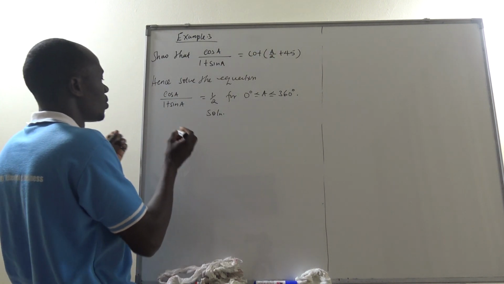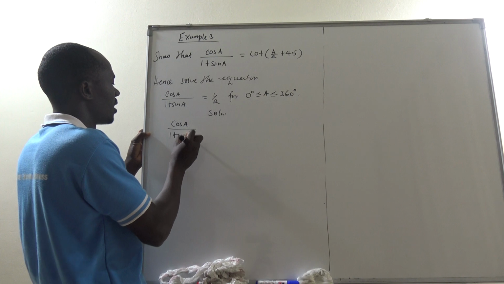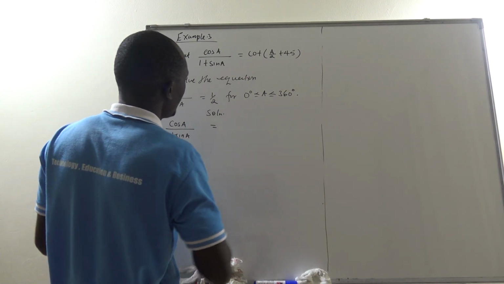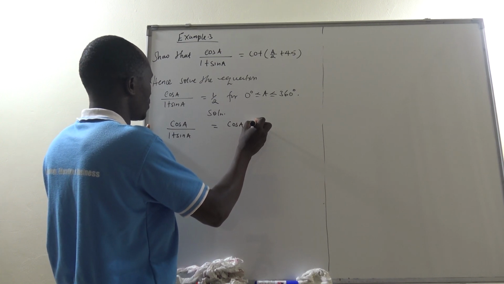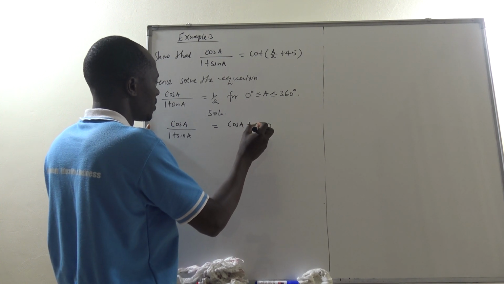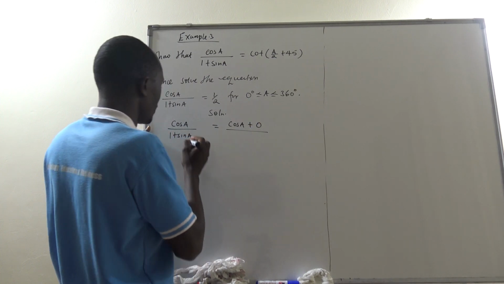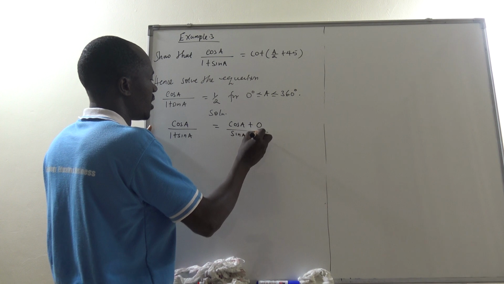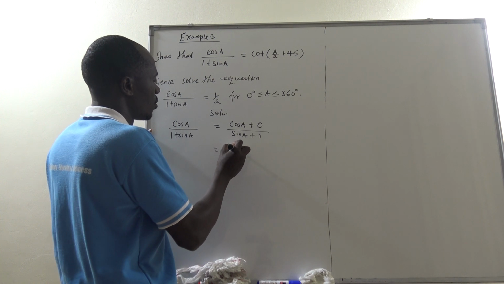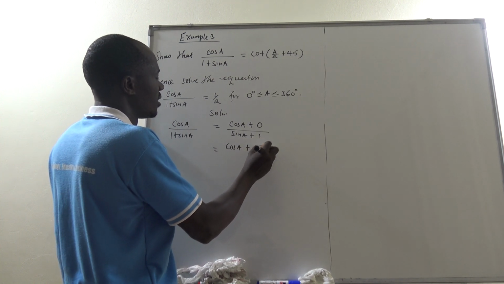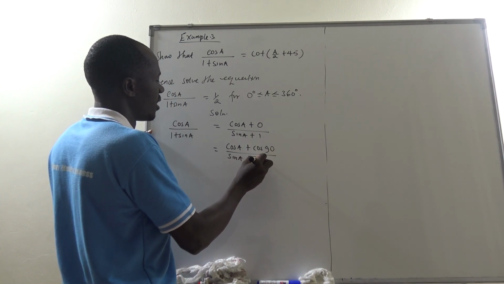So our left hand side contains cos A all over 1 plus sin A. This is the same as cos A plus 0, or I can say plus cos of 90, all over sin A plus 1. In terms of cos, this is cos A plus cos 90 all over sin A plus sin 90.